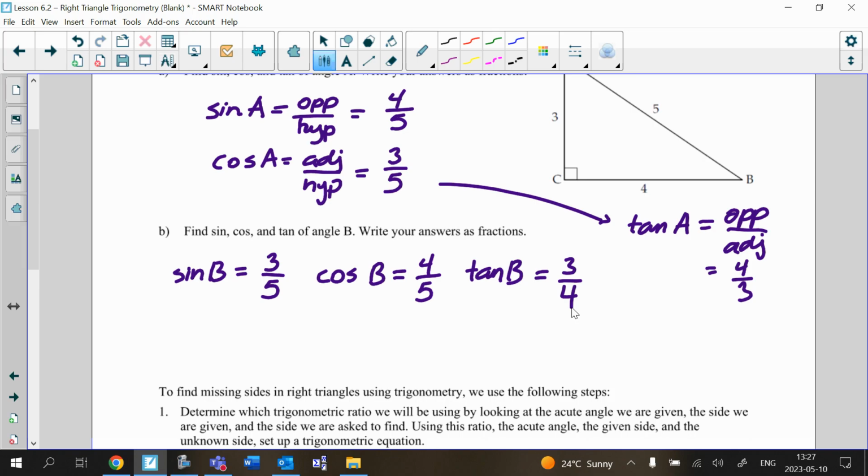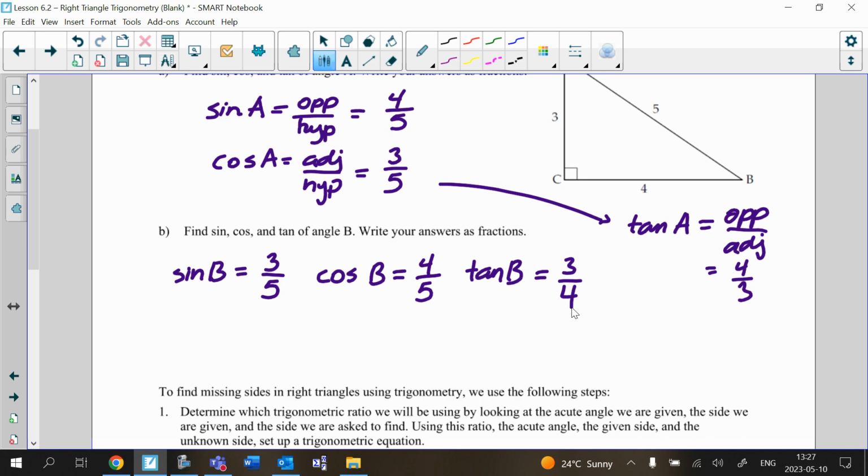Basically, we set up an equation using trig ratios to find missing angles or missing sides using trig. And there's 3 situations, because when we set up a trig ratio, there's 3 pieces of information.